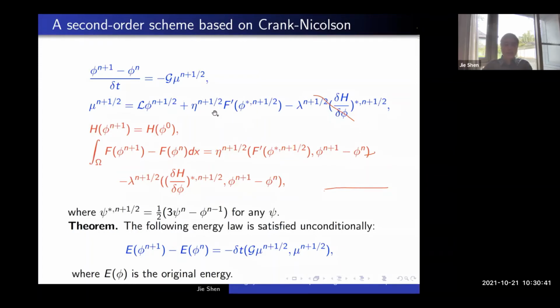And of course, the Lagrange multipliers eta and lambda are implicit. Then we enforce this conservation exactly, and we approximate the energy conservation equation by this second order scheme.